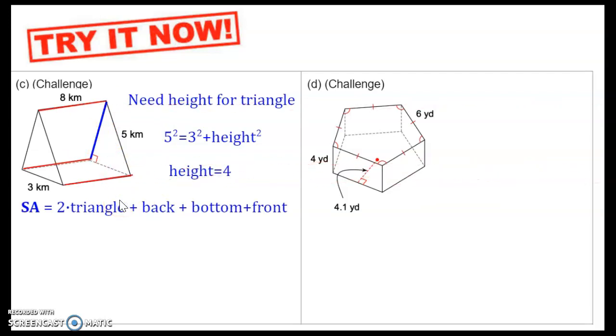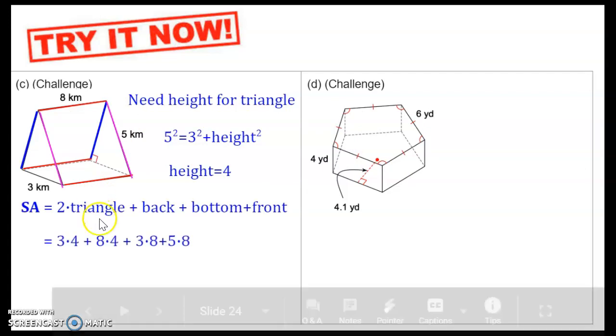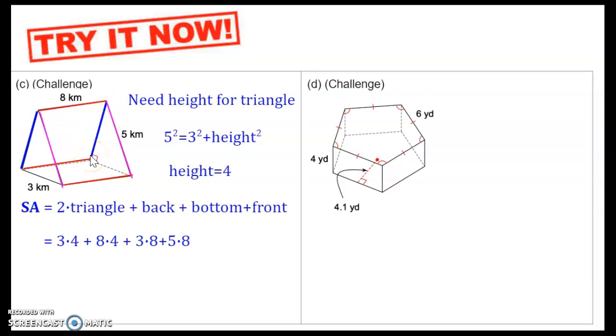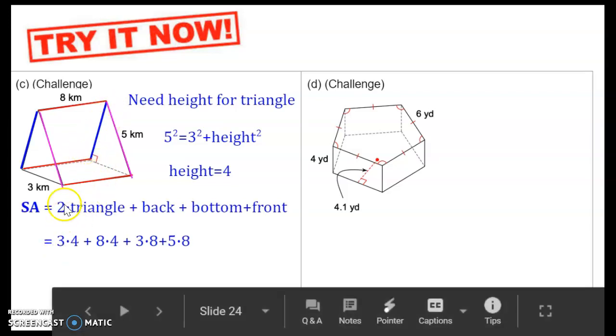Then from here, we can draw some color coding that might help us, and then figure out each panel area. So the 2 triangles are going to be 3 times 4 times half, then double it because we have 2 triangles.